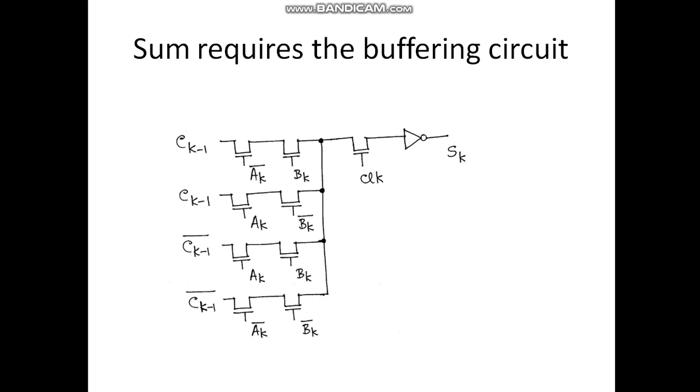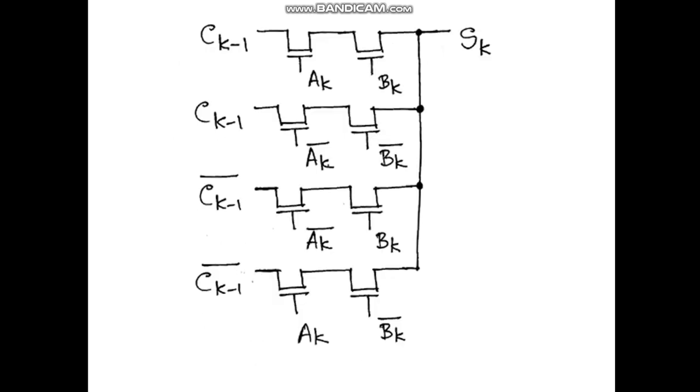Let us make some modification to the previous circuit. Here you can see that when Ak and Bk are both the same, Sk is equal to Ck-1. But what is the change we have to make in the present circuit then?